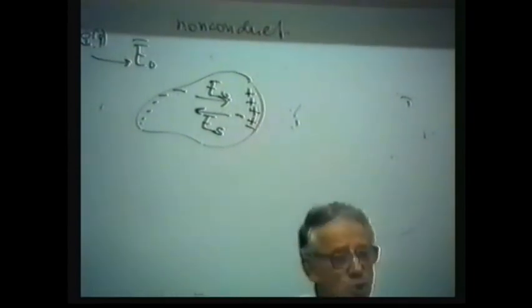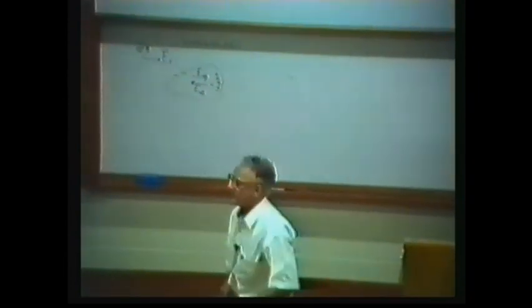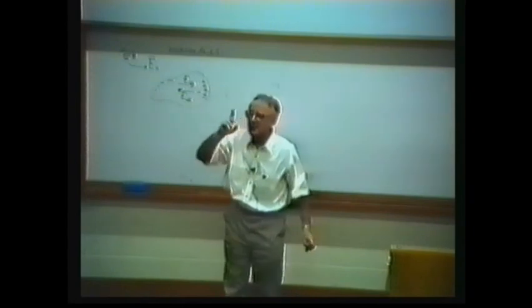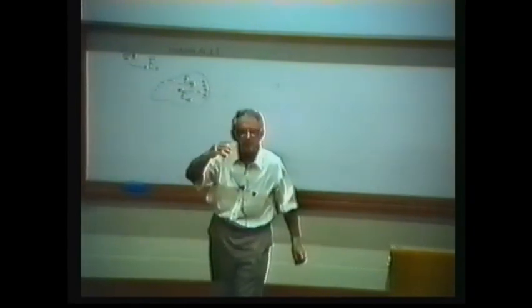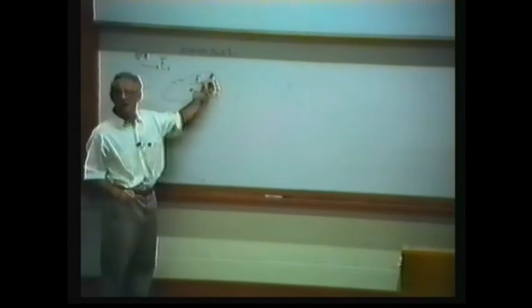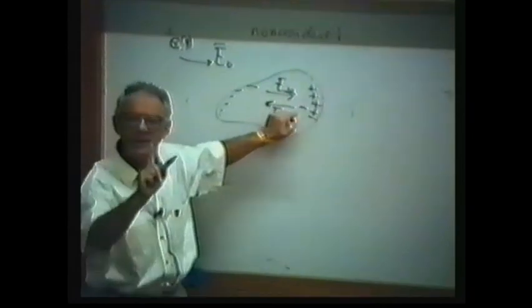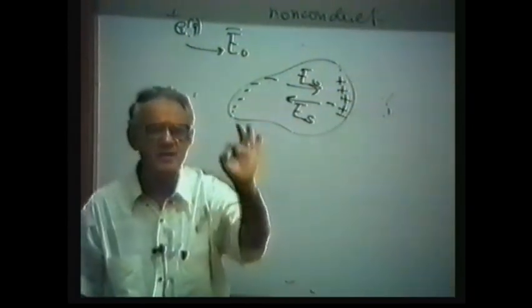This phenomenon is called electrostatic induction. Very soon you will see how important it is from a theoretical and practical point of view in electrical methods. So it will be a historical moment when the field inside, not outside, inside, will be zero.